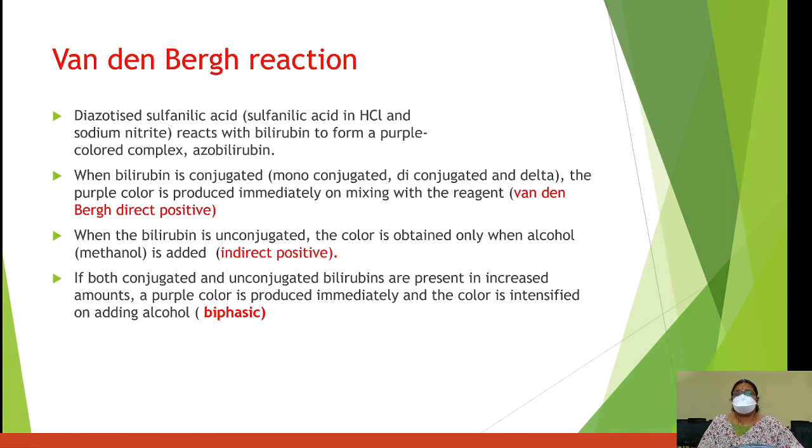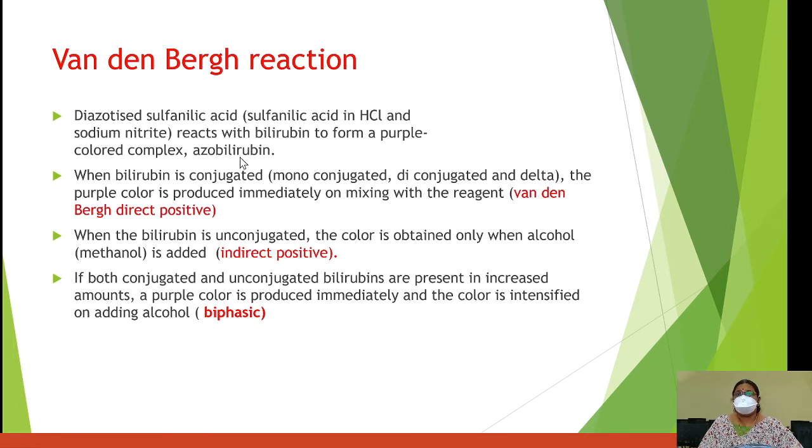So, when we mix the serum sample with the reagent, diazotized sulfanilic acid, a purple colored azobilirubin will be formed. So the intensity of color will be proportional to the amount of bilirubin which is present in the serum sample.